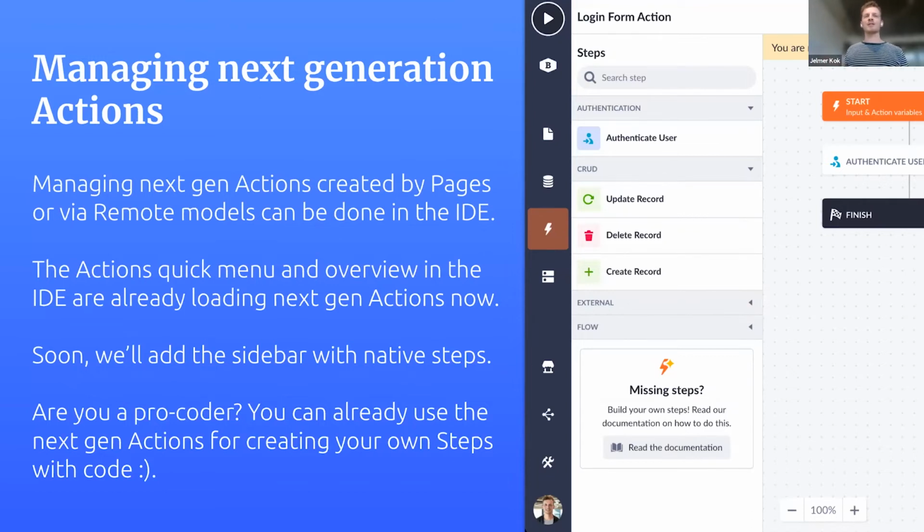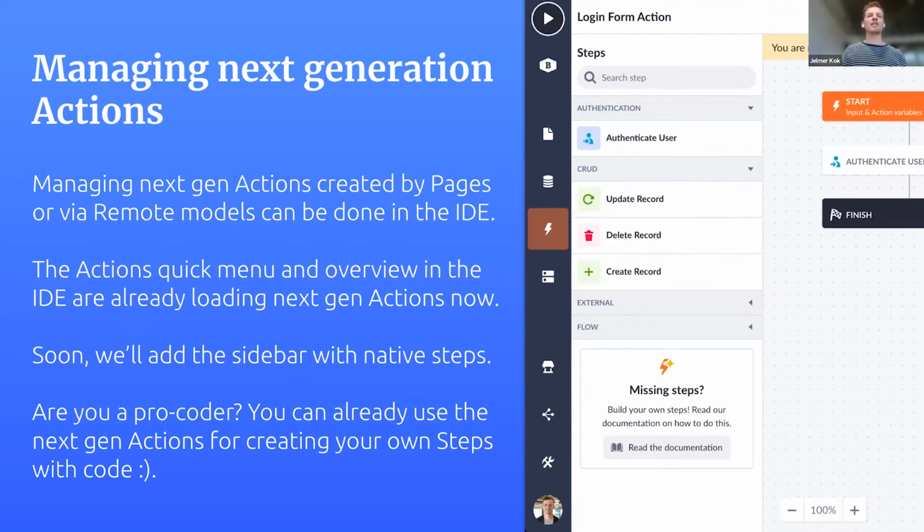But in the upcoming days, with the release of the new components, we will, of course, also extend the available action steps in the sidebar. But if you are a pro coder, you can already use it because you can create your own action step.